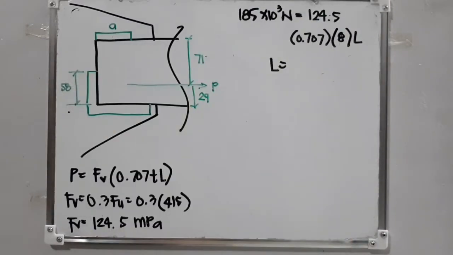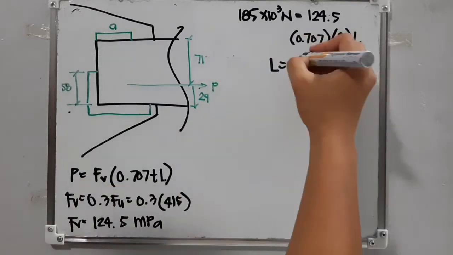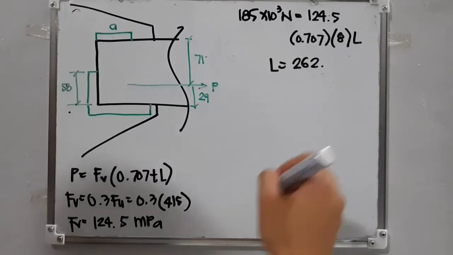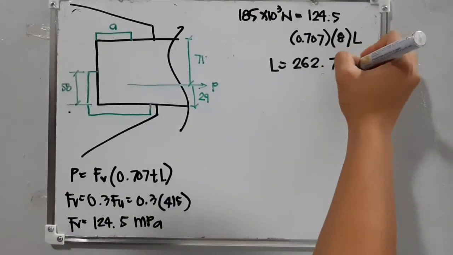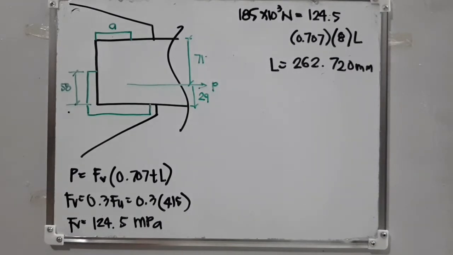So the value of L is 262.720 millimeters. Now, the question is, we have three welds.